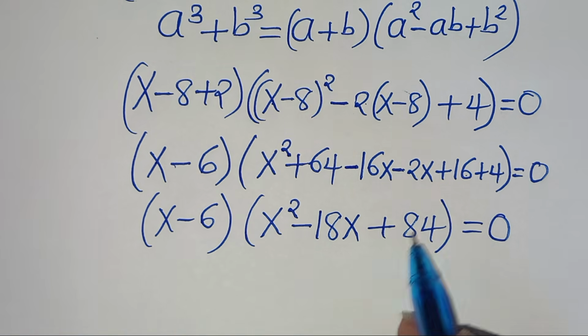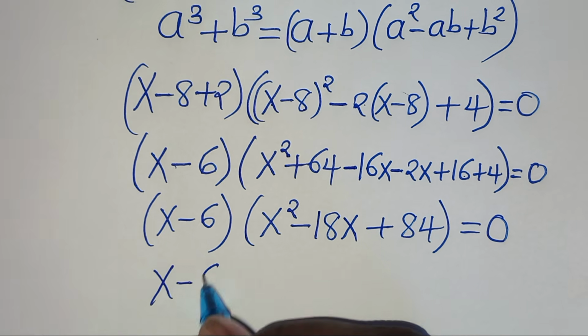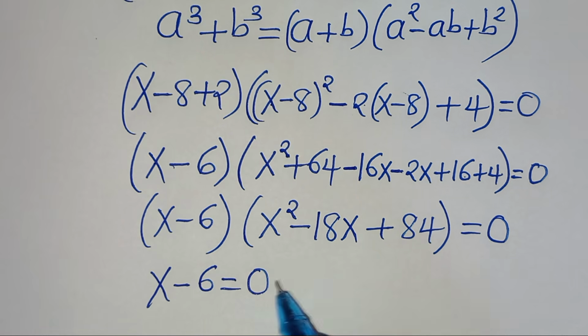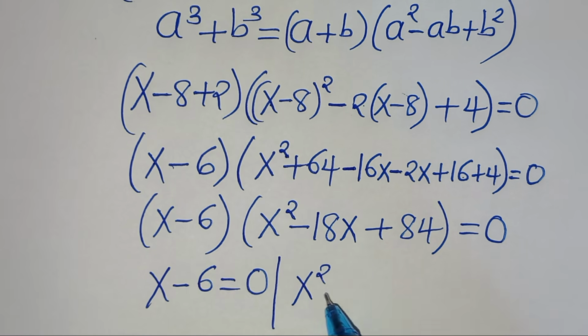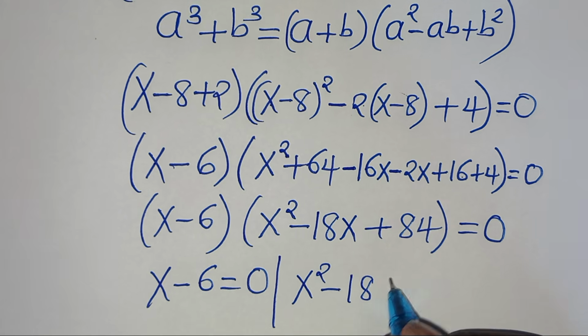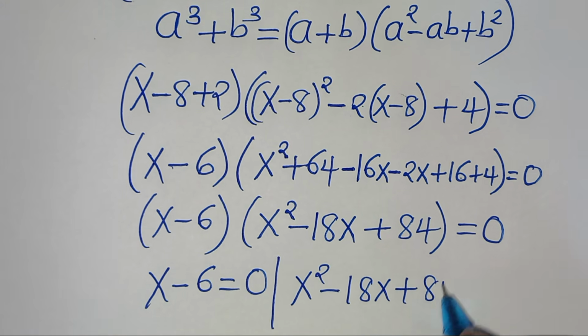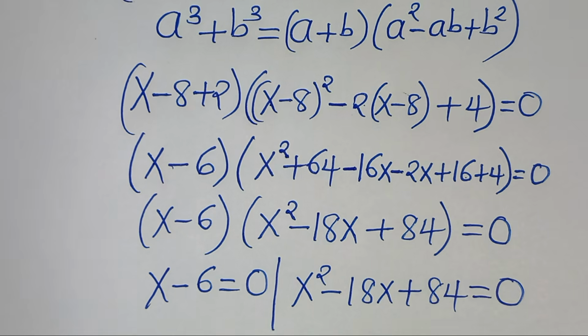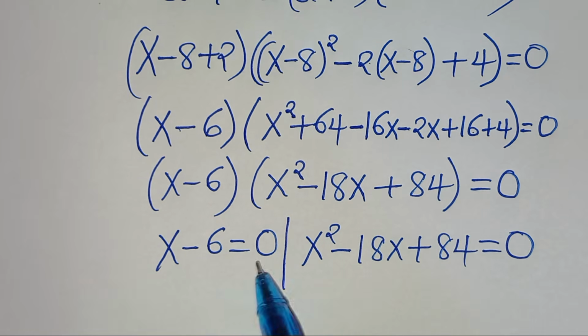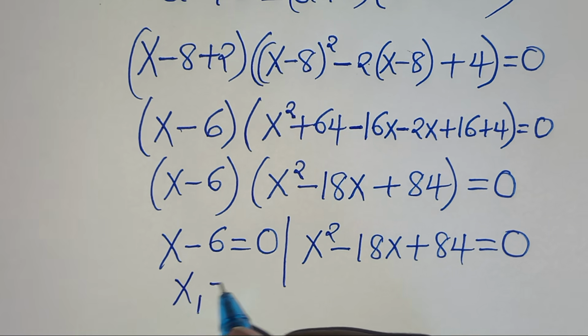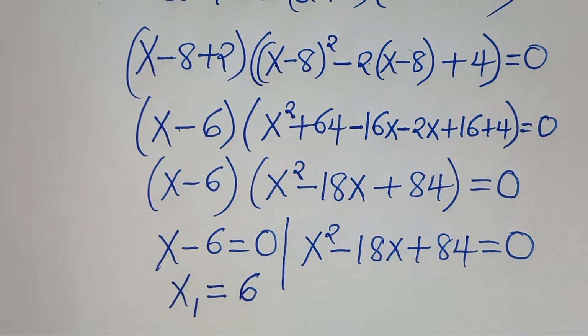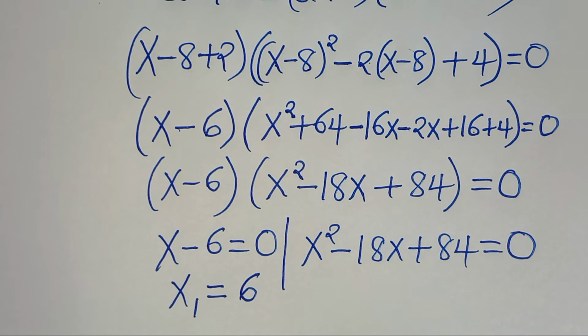We have got two parts here: x - 6 = 0, then x^2 - 18x + 84 = 0. From the first part here, we have x1 is equal to 6.